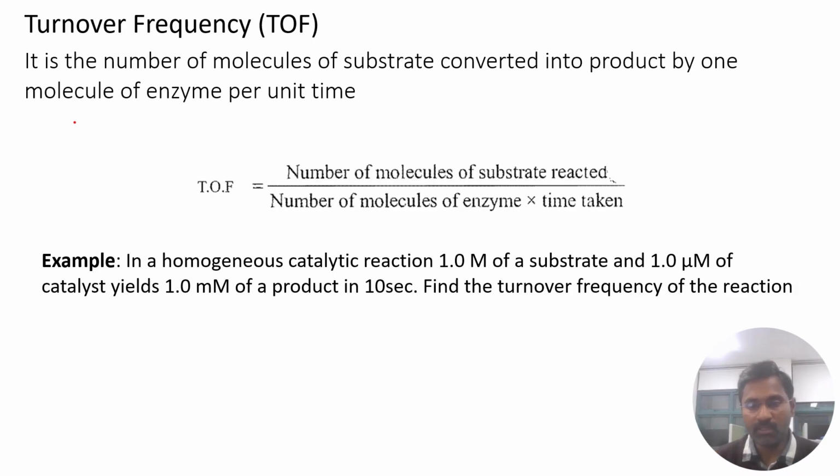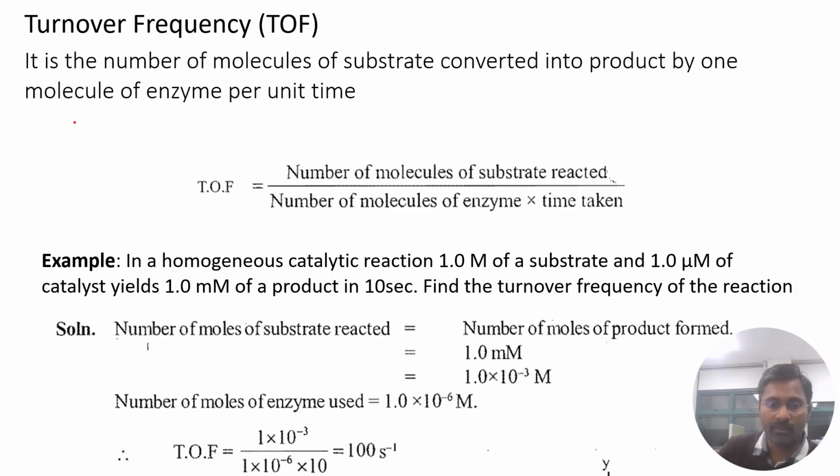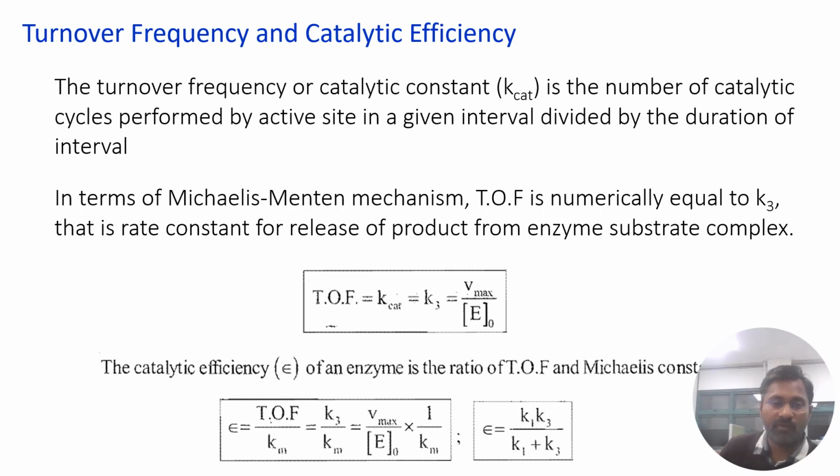Now the efficiency of this enzyme can be understood by calculating the turnover frequency. This turnover frequency by definition is the number of molecules of substrate converted into product, divided by the number of molecules of enzyme that you have used and the time interval in which this conversion has taken place. This is helpful for calculating the efficiency of any enzyme.